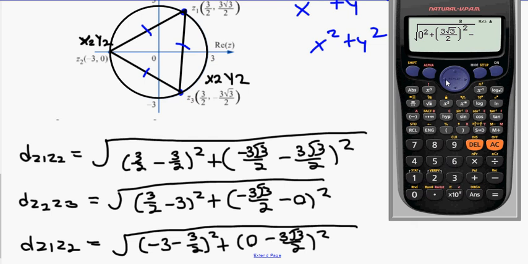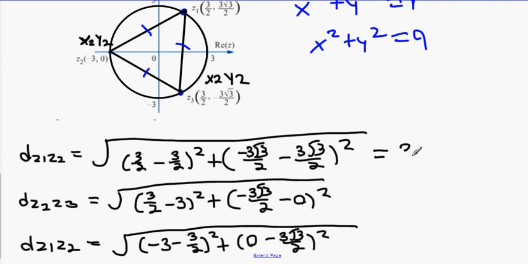Oh sorry, it's all in one bracket. So we go in here again, minus bracket 3 root 3 all over 2, and the first one is a minus 3 root 3, so we just got to fix that there. Then the answer is 3 root 3, so that's 3 root 3 right there.